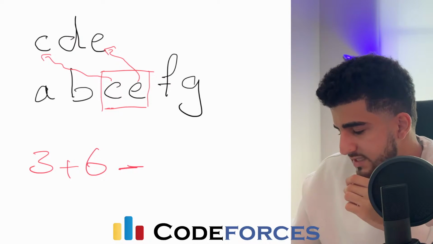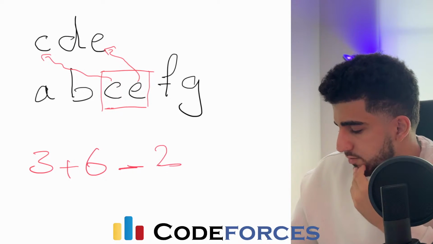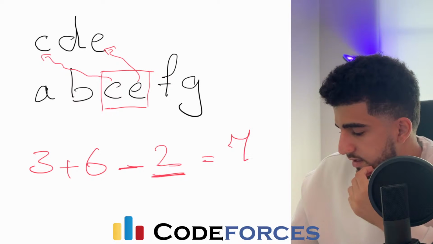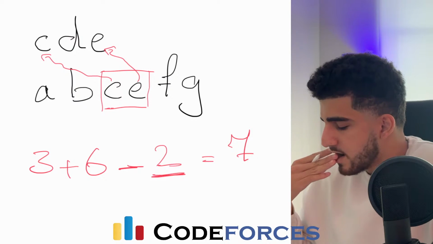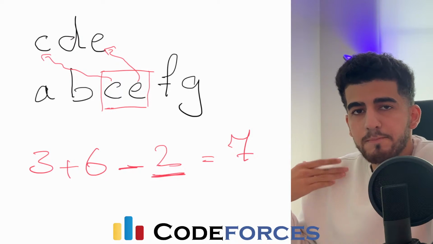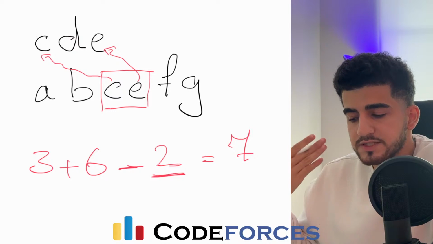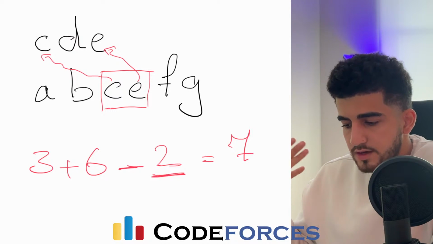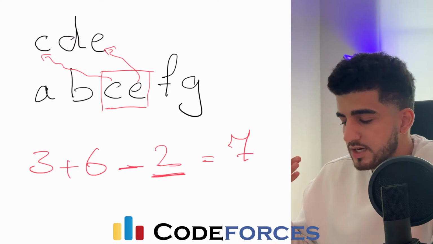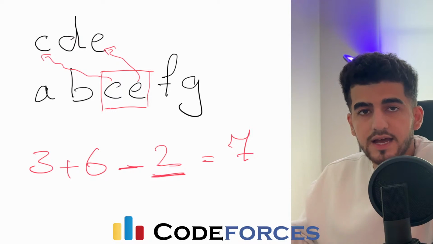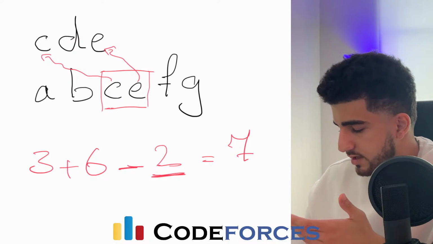And this is the maximum possible, so it's 9 minus 2, which is 7. So how do I find that? How do I find the maximum size of a substring of B that appears as a subsequence in A?